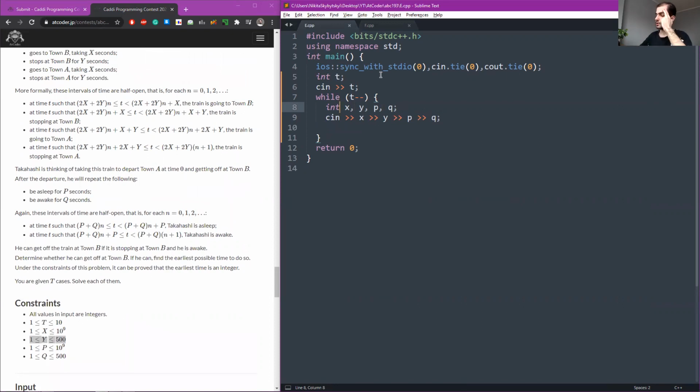I'm not really good at simulation, unfortunately. I have to check it carefully. So suppose we go to town B, X seconds pass. He's also asleep for P seconds.